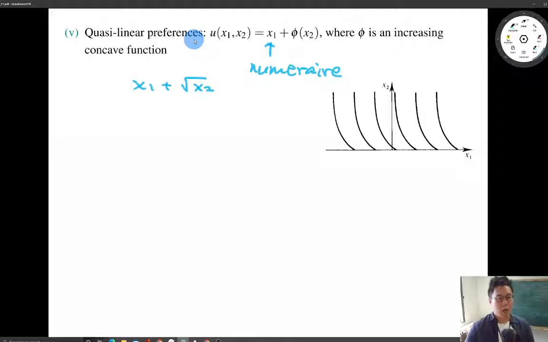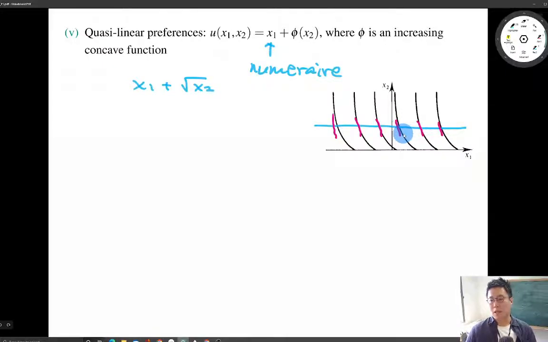One major property of this quasi-linear preference is that the marginal rate of substitution is independent of x1. If we draw a horizontal line, and think about the marginal rate of substitution at these bundles, they are the same.